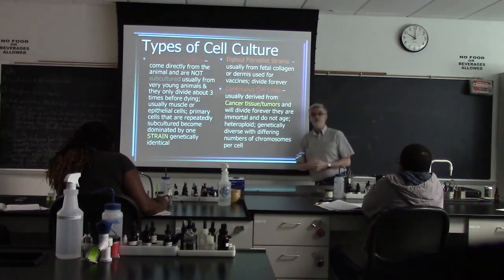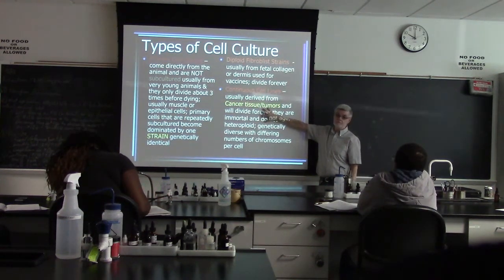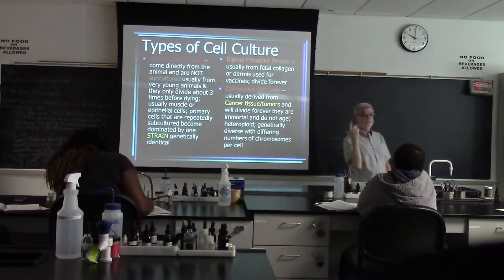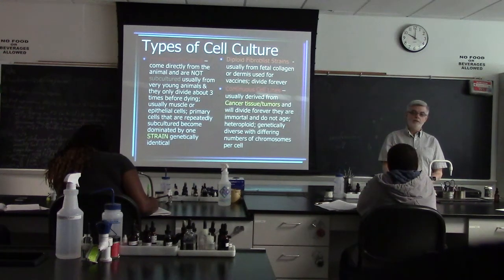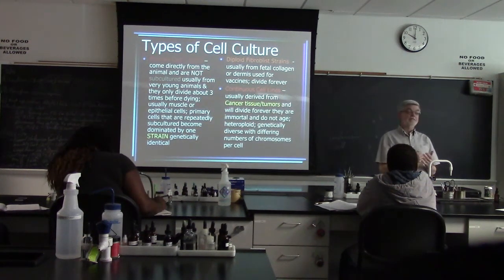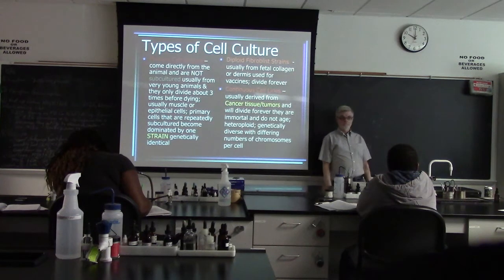So remember, most research is done with cancer tissues and tumors. They are immortal, continuous, and heteroploid. So tell me what heteroploid means. Not genetically identical. They have more or fewer numbers of chromosomes. Their chromosomes are not regular.